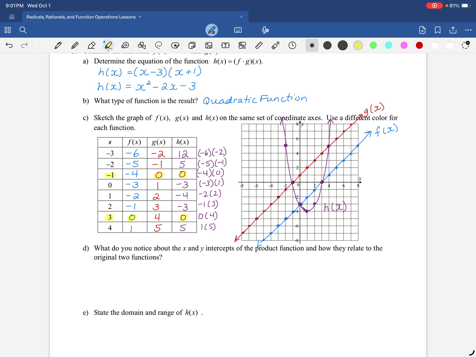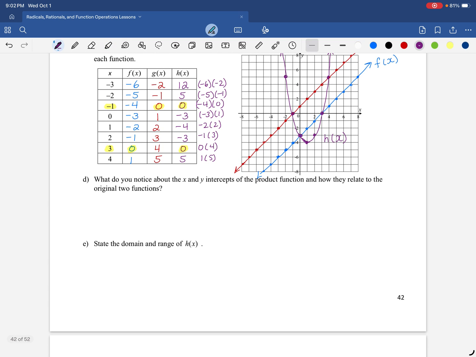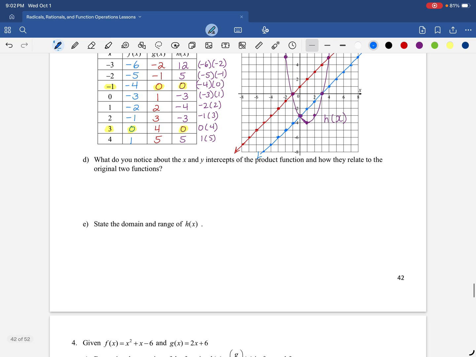So whatever the original two functions' x-intercepts were, when you do a product function, that product function is going to share the exact same x-intercepts as your original two functions because of that multiplication of 0. Okay, so let's jot that down because it does ask us a question. So what do we notice?